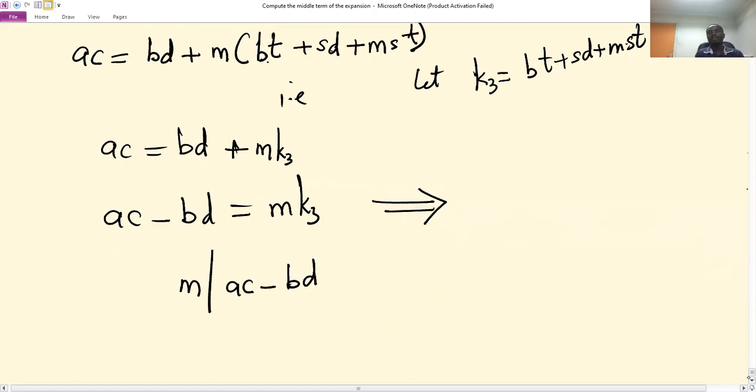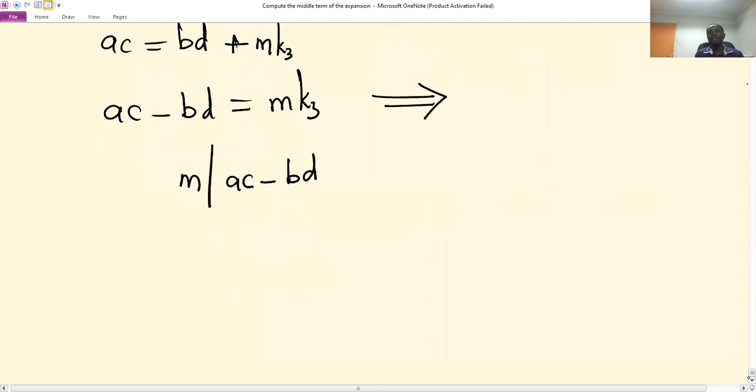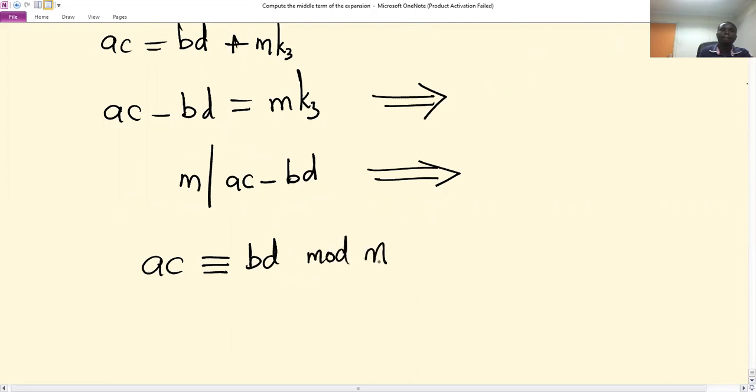And if M divides AC minus BD, then this implies that AC is congruent to BD modulo M. And then we rest our case. Thank you.